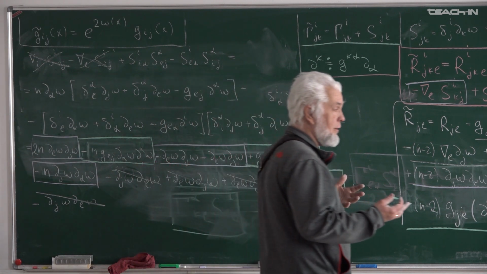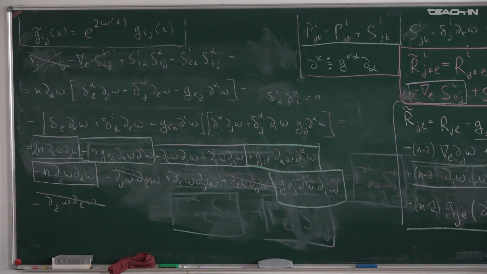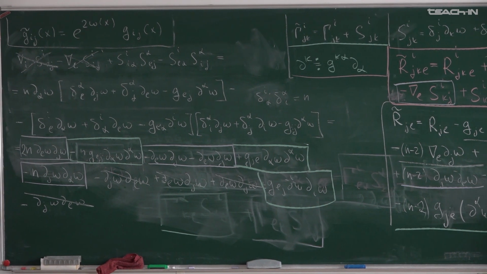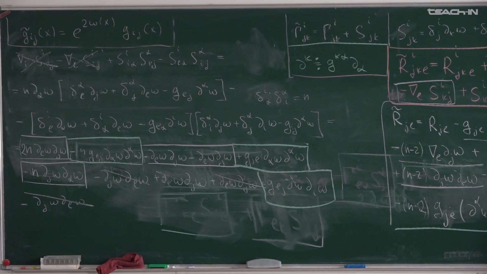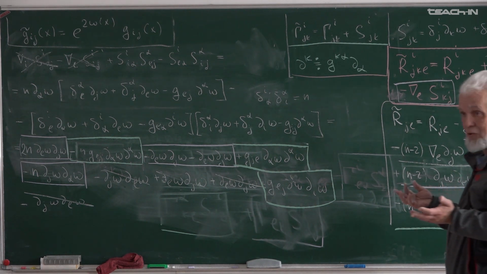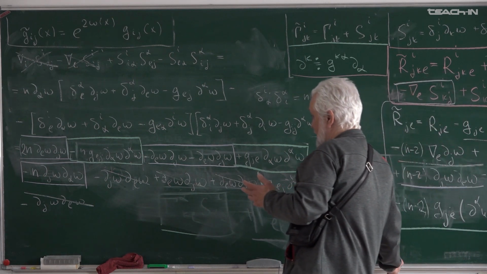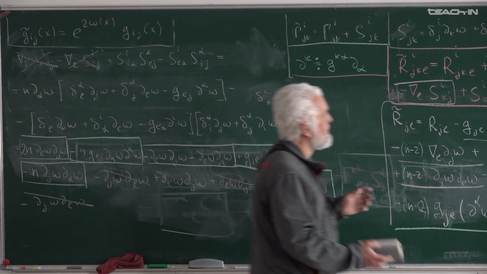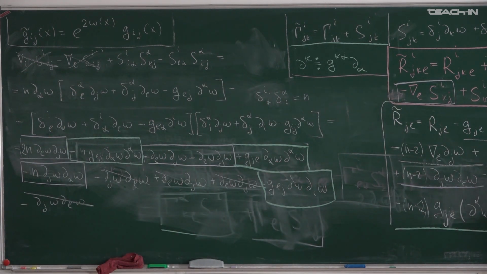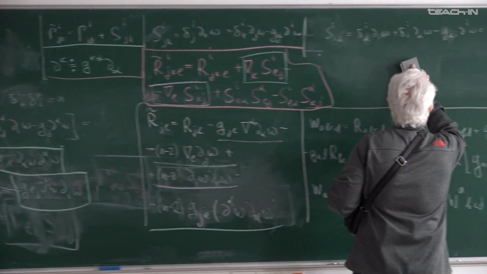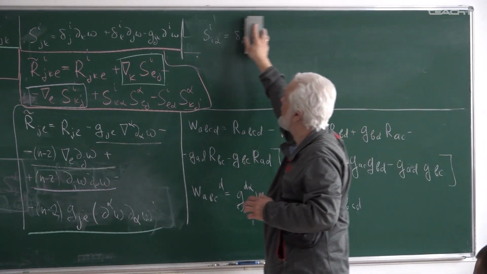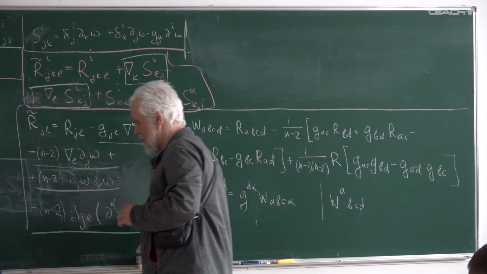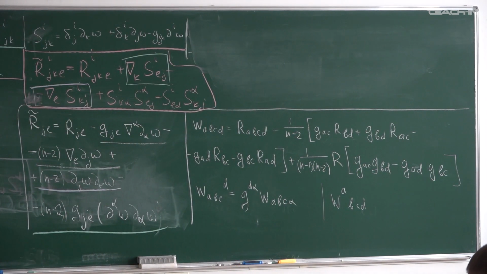So what have we done? First of all, we calculated the variation of the Levi-Civita tensor under this transformation of the metric tensor. Then we calculated the deformation of the Riemann tensor, the Ricci tensor, and now the deformation of the scalar curvature. Last step: you have to calculate the variation of the scalar curvature. Well, let's prove the last lemma.